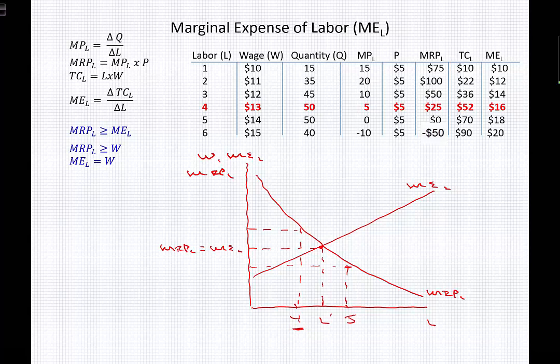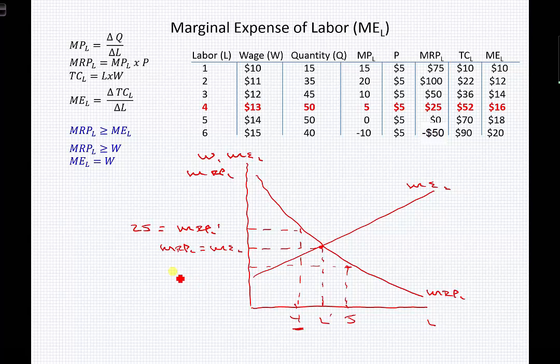But here's something interesting. At 4 workers, we get this productivity out of them, which let's call it MRP of L prime. But we have this marginal expense of labor, which is yet less, which we know that that is 16.